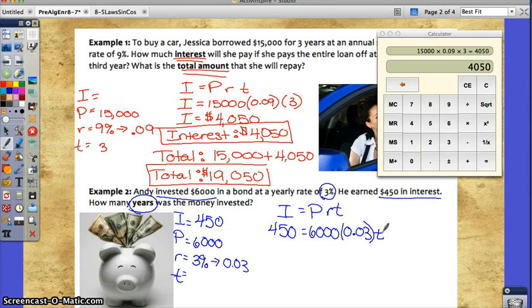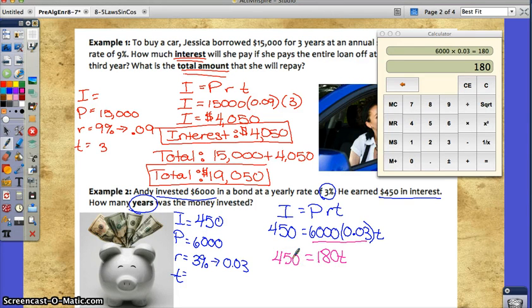That's what I'm finding. Let's simplify the multiplication first here. We have 6,000 times 0.03. Let's find out what that equals. That's going to be 180 times t equals 450.